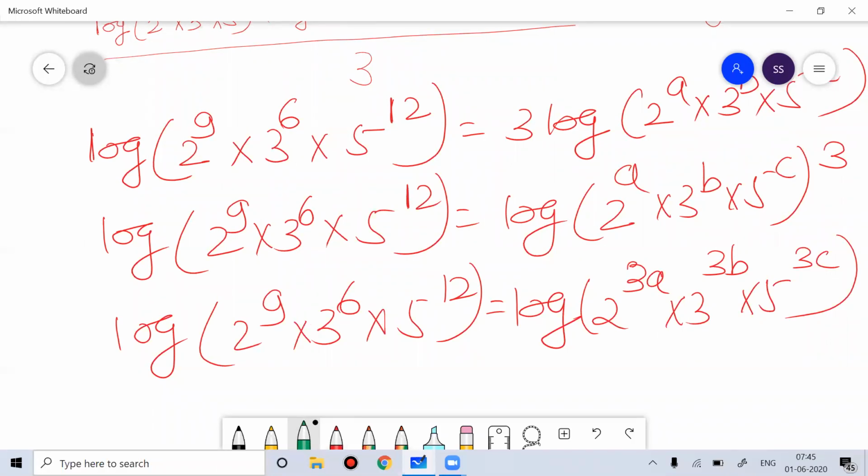Here in this problem they are asking you the value of a. So 3a is equal to 9. So the value of a is equal to 3. Not at all difficult problem. Simple. One of the very easy problems we have done till now.